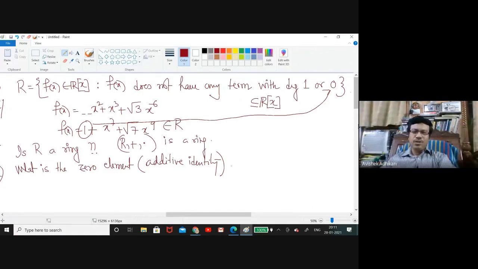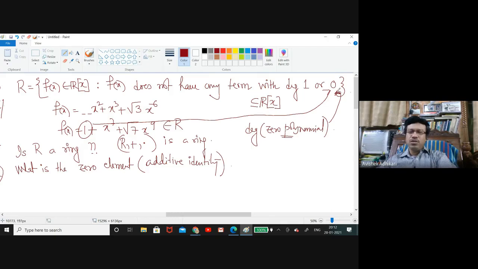Okay, so the basic concept here is: what is the degree of the zero polynomial? You are trying to guess that the zero polynomial could be the zero element of R, right? So remember, the degree of the zero polynomial is not zero.